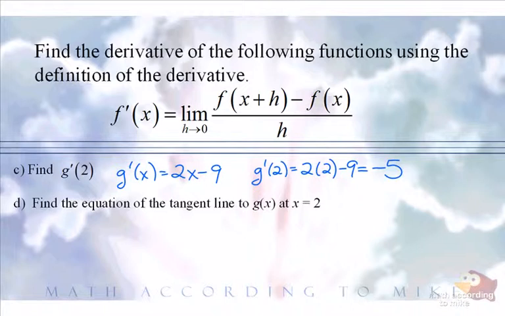is part D. Find the equation of the tangent line at x equals 2. So for us, we need a point and a slope. We already found the slope to be -5. So we know x is 2, and we know our function g of x, what was it, x squared minus 9x?